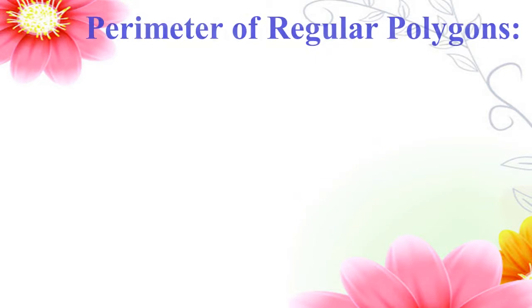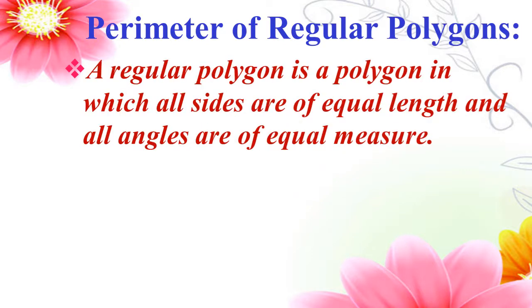So, next, perimeter of regular polygons. A regular polygon is a polygon in which all sides are of equal length and all angles are of equal measure.